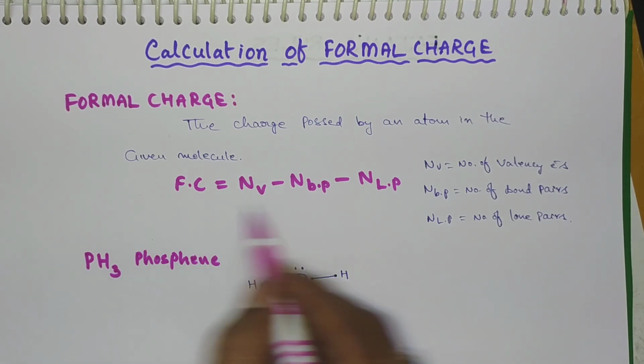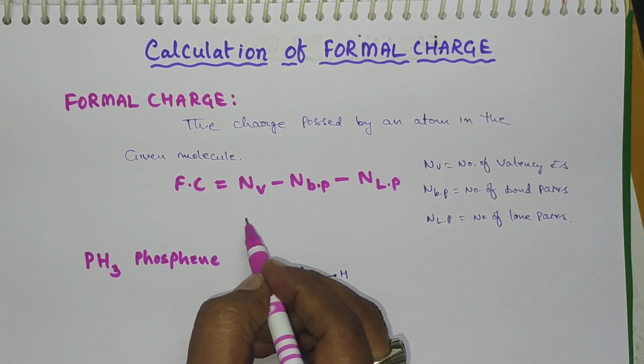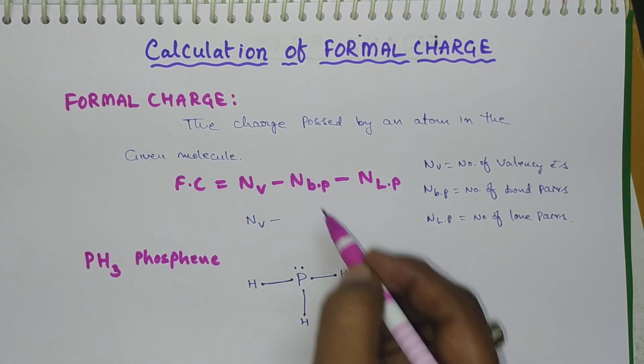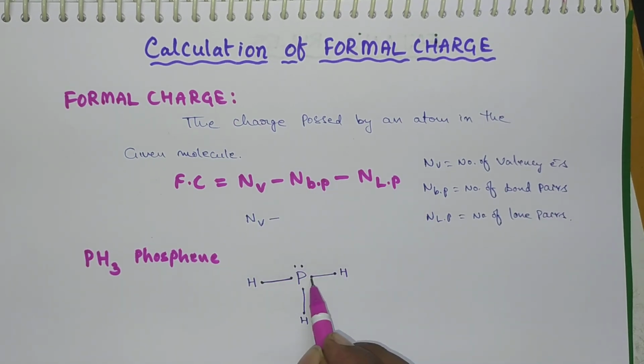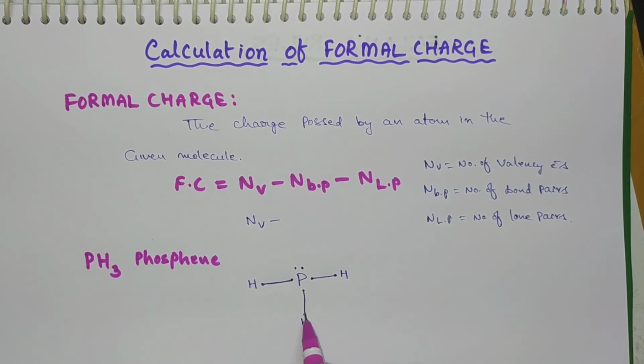We have a small trick for calculating this formal charge. Simply, it is the number of valence electrons minus number of bond pairs. Bond pairs means here this is one bond pair, this is another bond pair, this is another bond pair. A bond pair means a pair of electrons present in a bond, so a bond can be considered as one line.